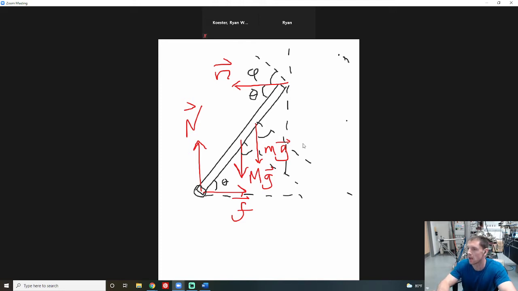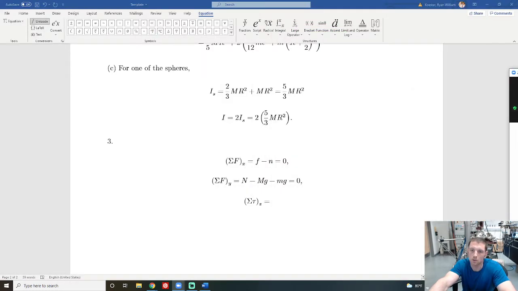If theta is 30 degrees, then phi is 60 degrees, because we would have a right angle between this dashed line and this dashed line. So we can see that phi must be 60 degrees. You could use theta here too, it doesn't matter, because you can use just the other trig function, sine or cosine, to get the component, but I'm going to use phi.